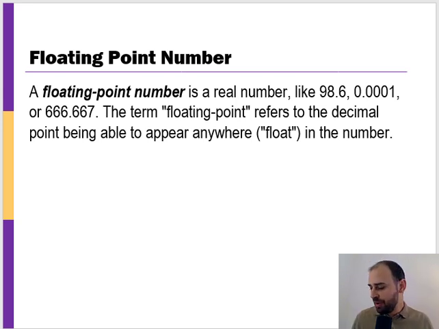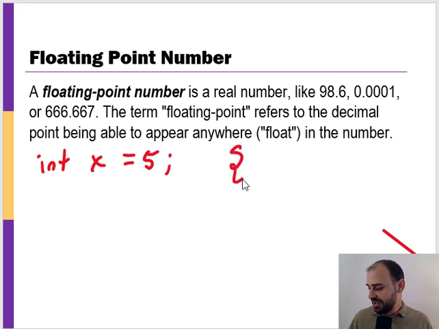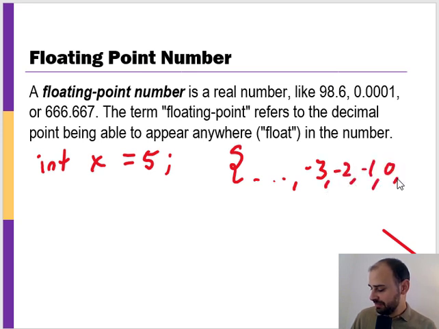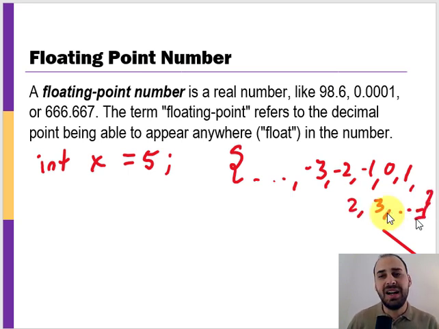Thus far we've been referring to integers, where we have, say, x equals 5, and so on. We're limited by the range of integers: we're not able to display or store anything that contains any information after the decimal point.